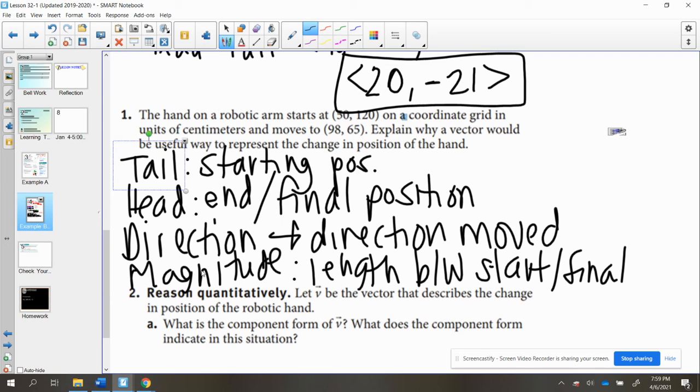Okay, so again, some review of the vocabulary, because as we start talking then about number 2 on the page, top of page 445, if they're giving us these components, the component form, they're talking about the robotic arm starting at 50, 120 on a coordinate plane measured in centimeters, and it's moving to 98, 65. Well, our starting point, we always say, is the tail. Then the head would be this final position here.